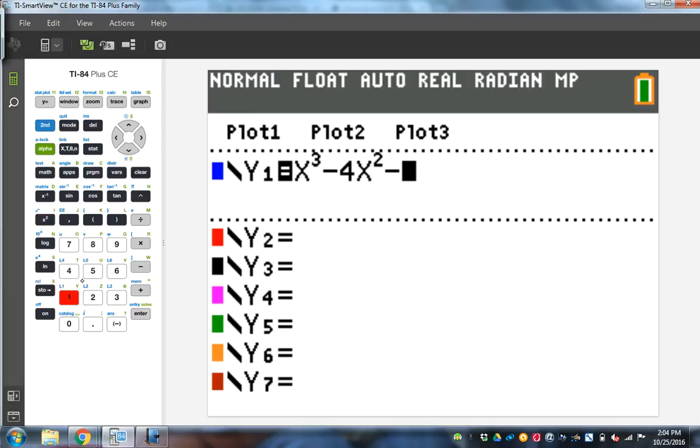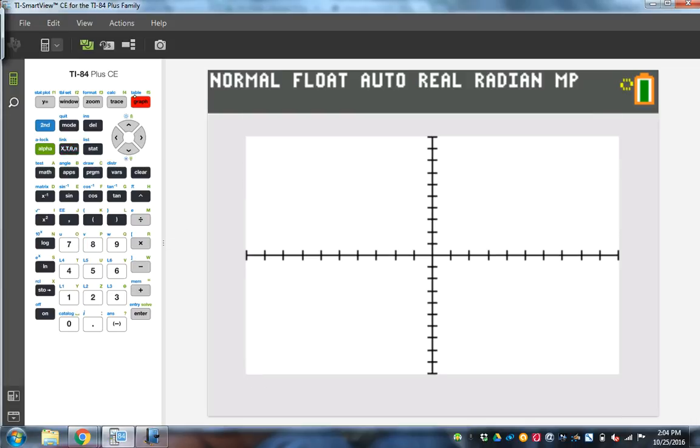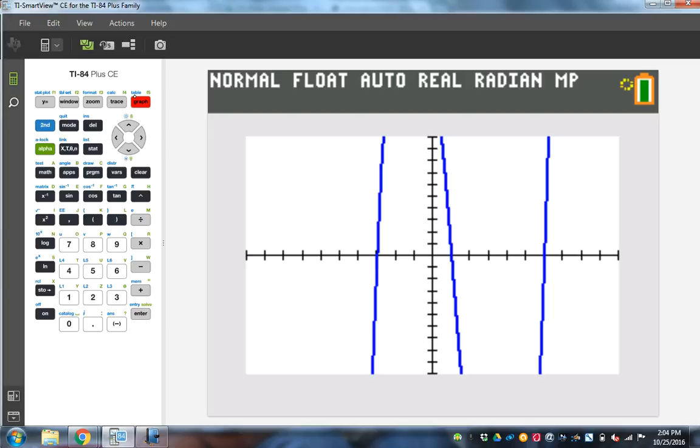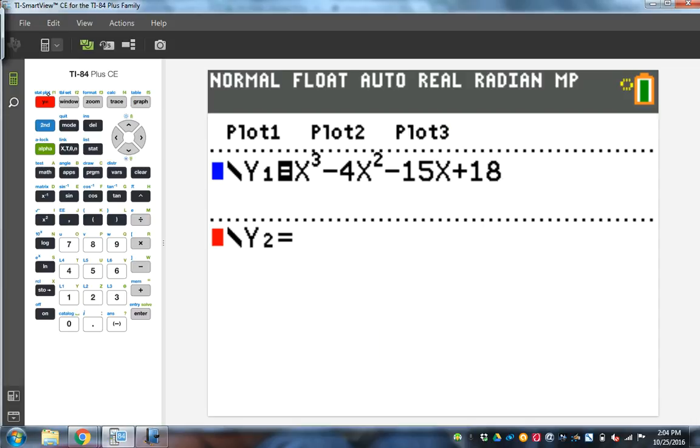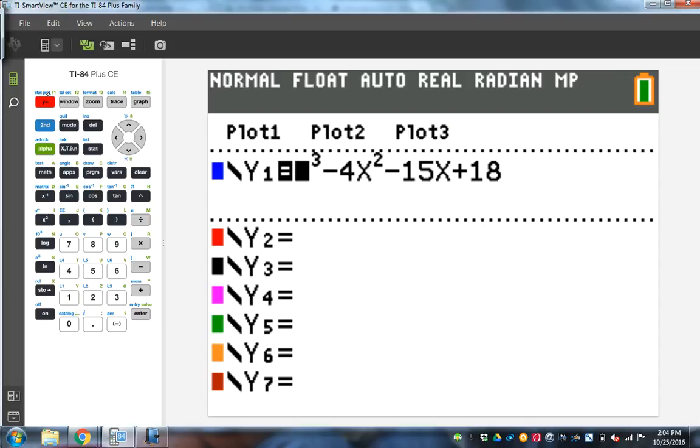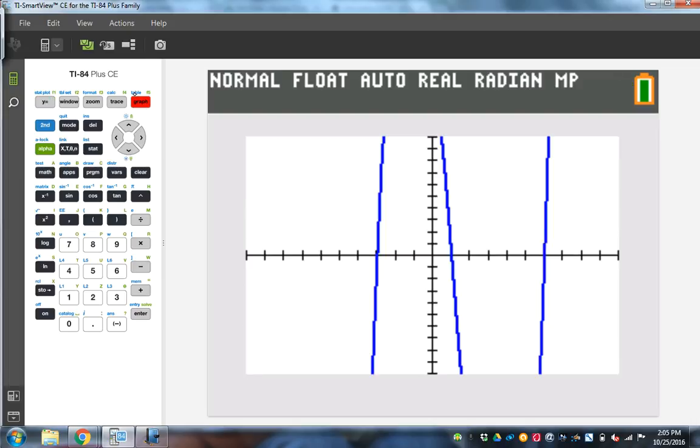That's frustrating. After you've typed it in, yes, you hit graph. Let me make sure I put it in there right. Minus 15x plus 18. Yeah. No, you won't have to hit Zoom 6 every time. Once you hit it the first time, it stays the same.